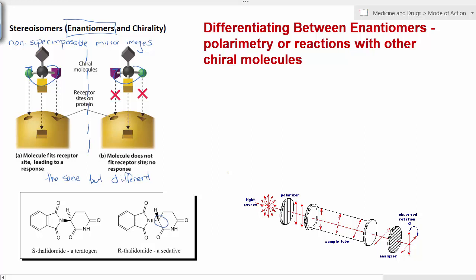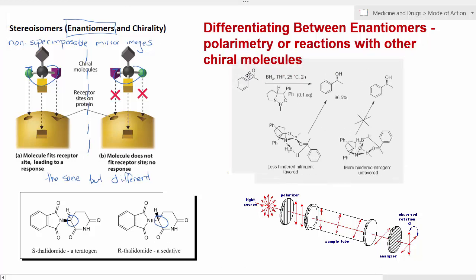The S enantiomer is the teratogen, while the R enantiomer was the sedative, and these 2 can be separated, and we can differentiate them quite easily with the polarimeter. The problem with thalidomide is that the body converts the R enantiomer back into the S enantiomer, so it can no longer be used in pregnant women.